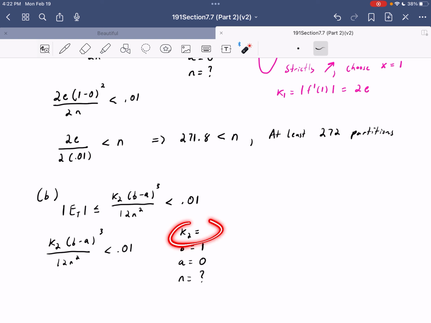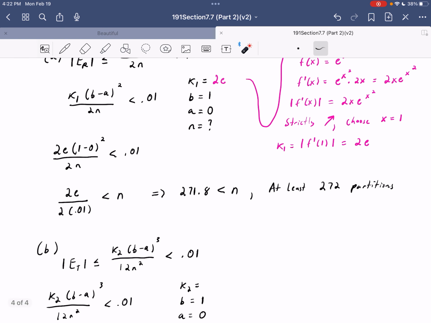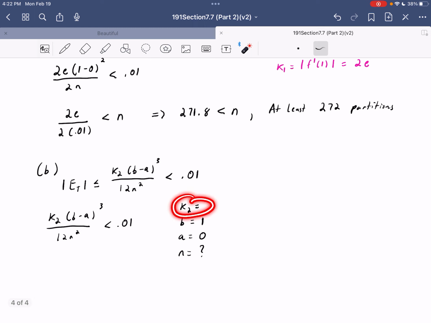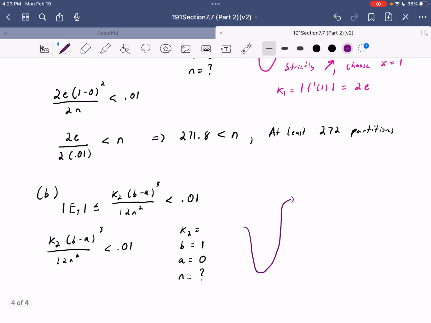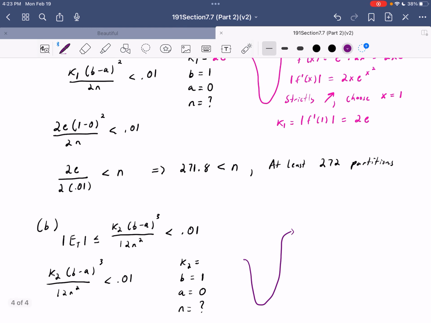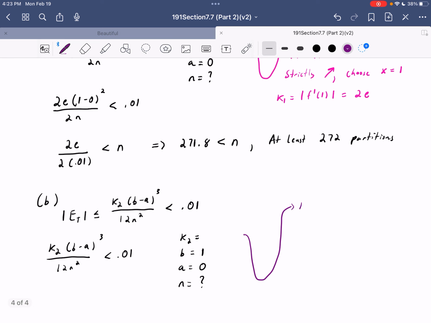Now, unfortunately, K2 we're going to have to calculate, because K1 is based on the first derivative, and K2 is based on the absolute value of the second derivative. So let's do that here. If we mimic our same approach, K2 is an upper bound on the absolute value of the second derivative.